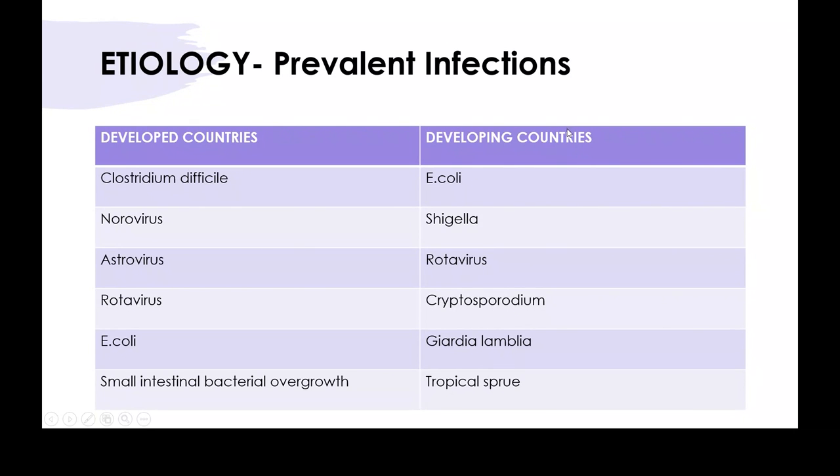In developing countries, E. coli and Shigella are the leading causes, whereas rotavirus and parasites follow those bacterial and viral causes. So based on the geographical pattern, the etiological agents, especially the infectious causes, differ.